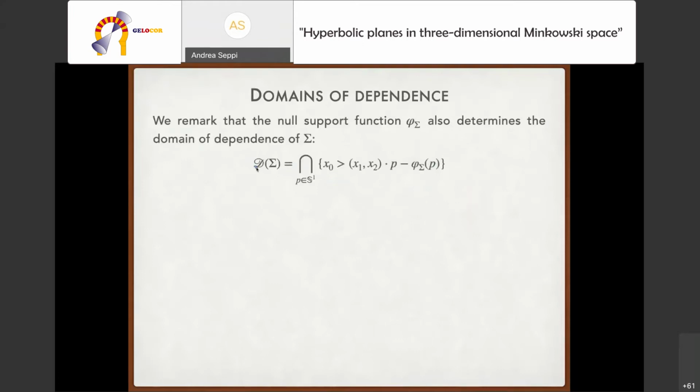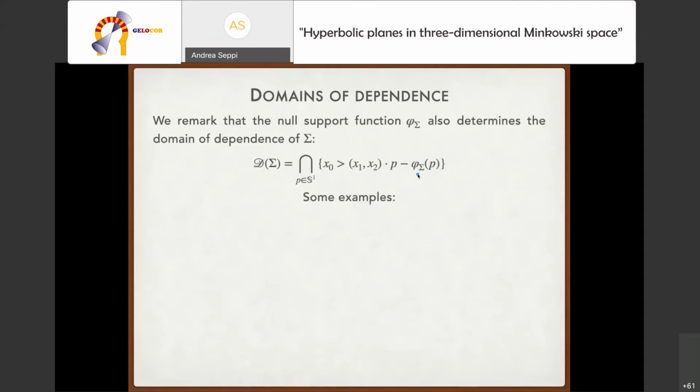And basically, one recovers the domain of dependence just as the intersection of all the half spaces bounded by light-like planes, which are determined by the null support function. So you take this construction in the converse direction. You take all these null planes determined by phi sigma. You take the upper part and you intersect and you recover the domain of dependence.